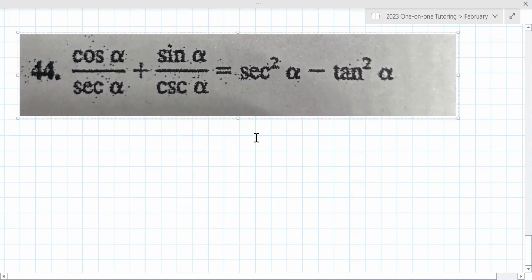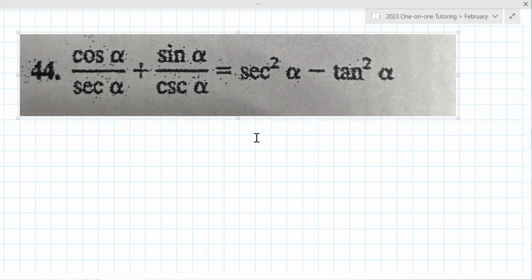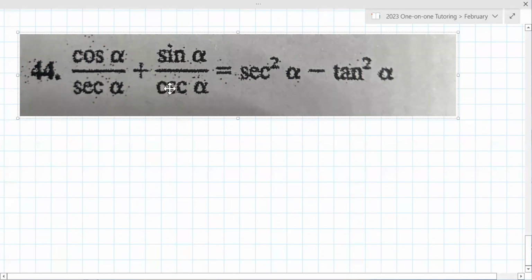I don't know. It really helps if you can see the transformations of the secant and the cosecant. If you recognize that secant is 1 over cosine, and because you have a cosine up top over 1 over cosine, if you can see that that becomes something else, that really helps here.